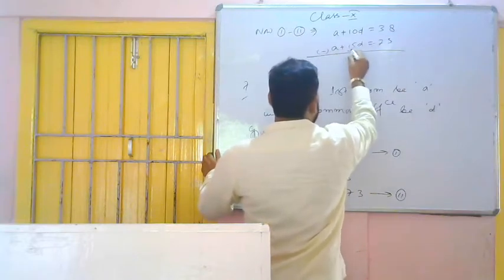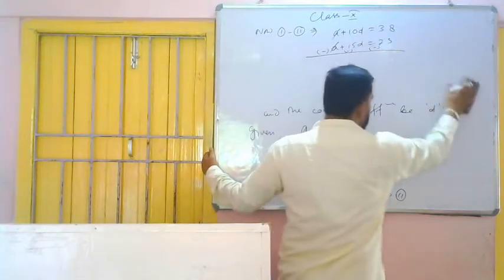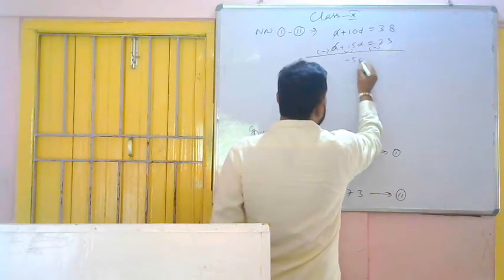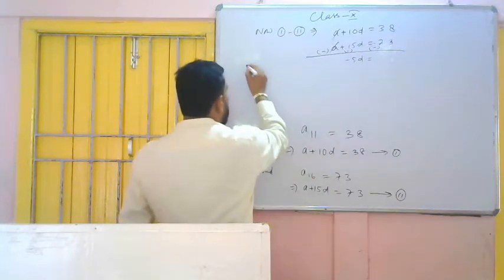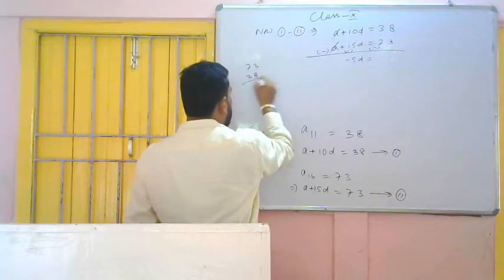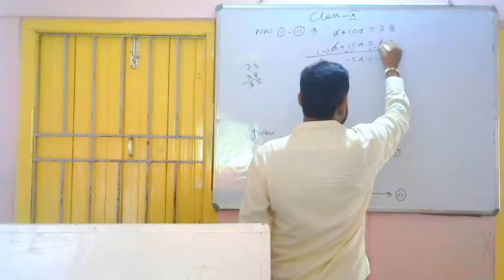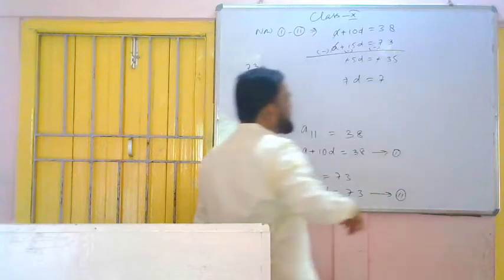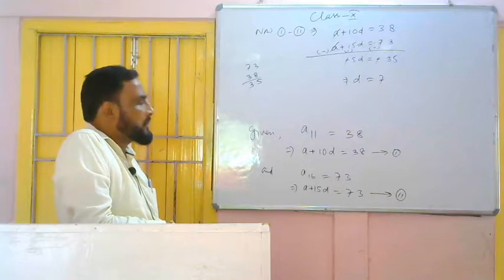Then A will get cancelled. Then minus 5D is equal to 38 minus 73, that is minus 35. Then D will become 7.